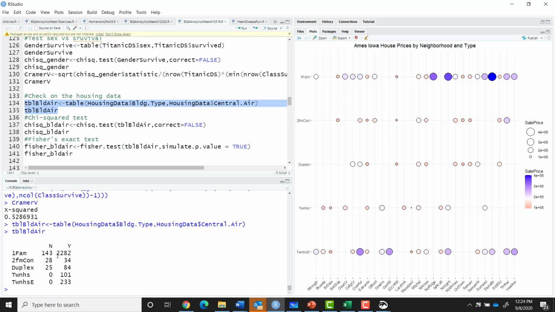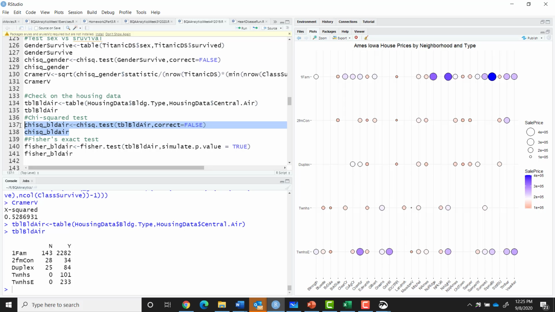There's a lot of yeses, a lot of nos. Most houses actually have central air, and you can see here that there's probably at least a 10-1 ratio. But you see here, these townhouses, they're all modern houses, so every one of these actually has central air conditioning.